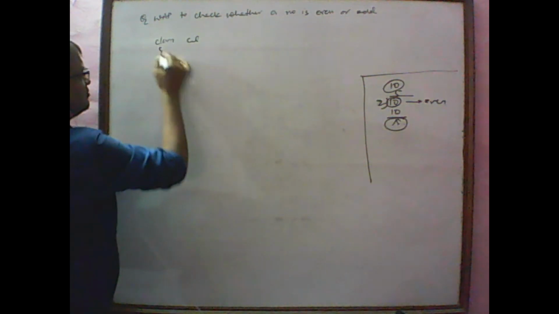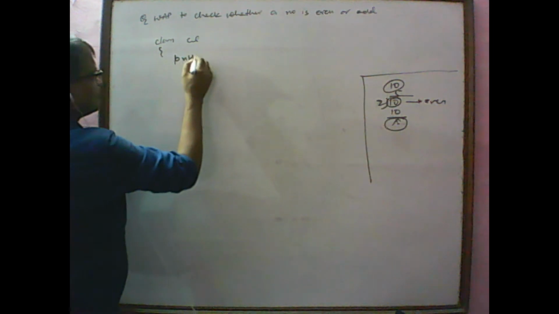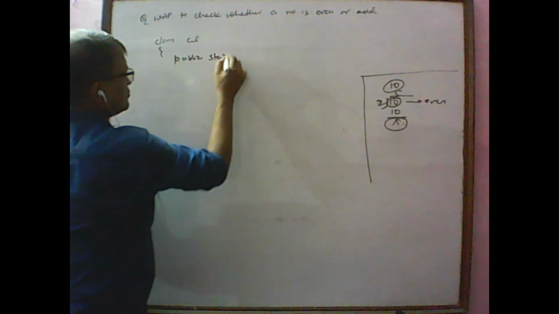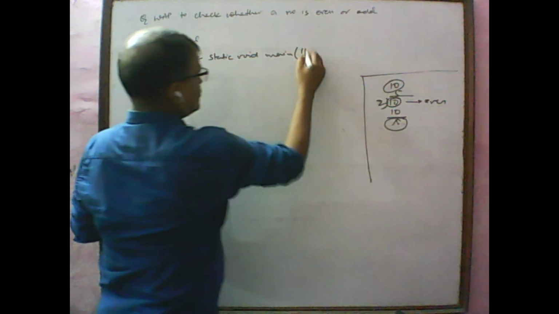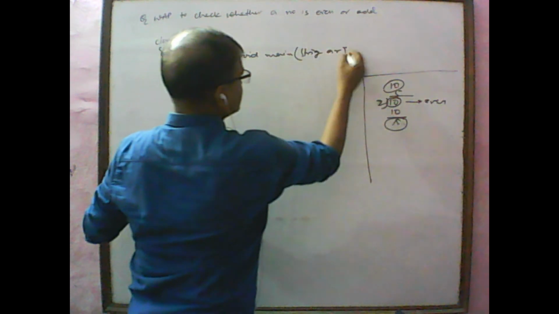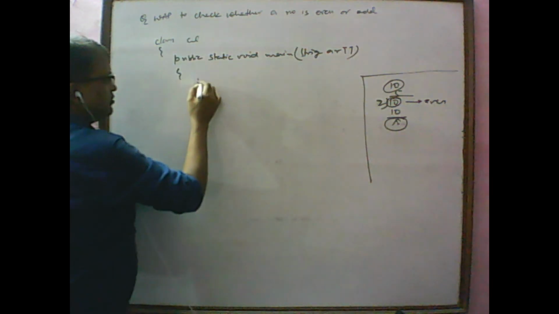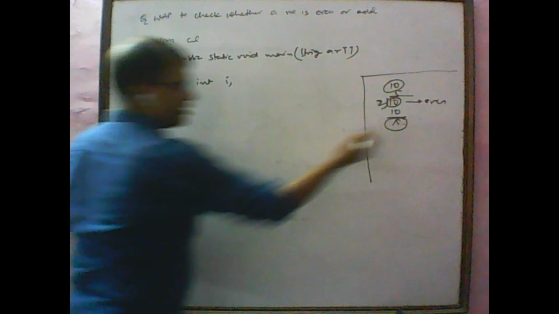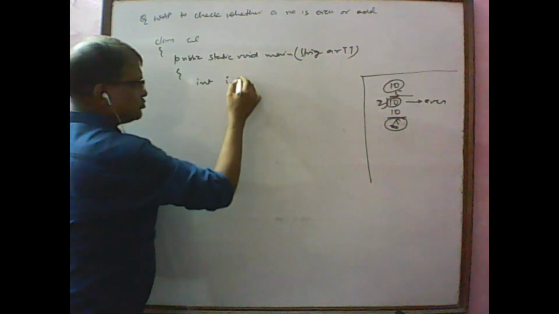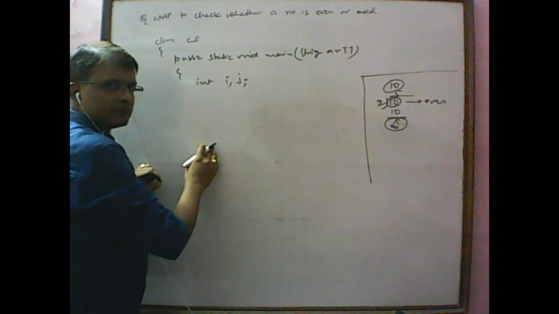Class CL, public static void main, String AR. Declare variables: int I for the number, and again we have to get the remainder, so J for the remainder.